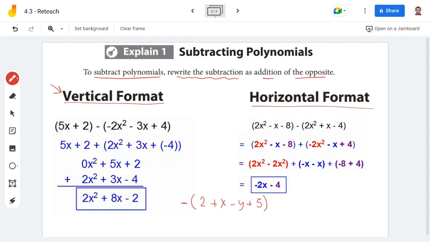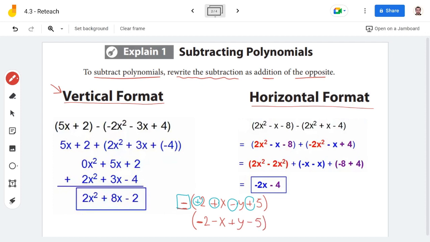The only thing you need to do is change all the signs inside the bracket if you have a negative outside. So now let's rewrite the question. Negative with plus 2 will be negative 2. X will be negative x. Negative y will be plus y. Plus 5 will be negative 5.